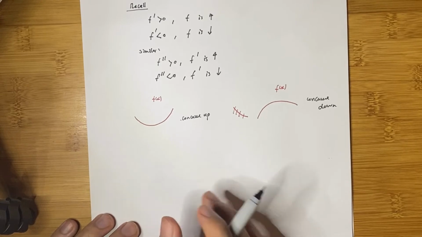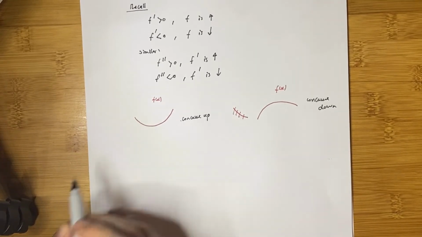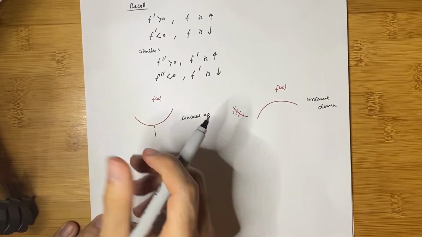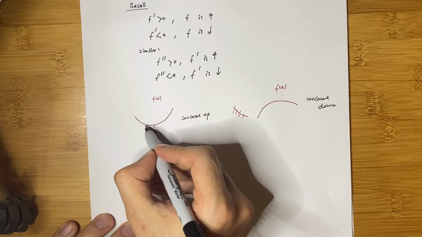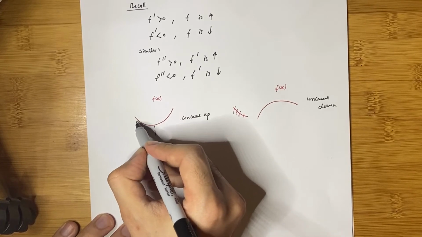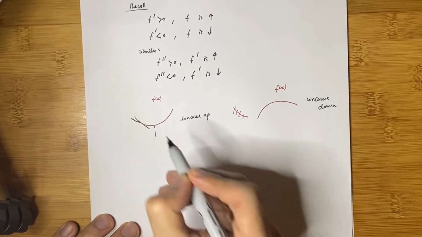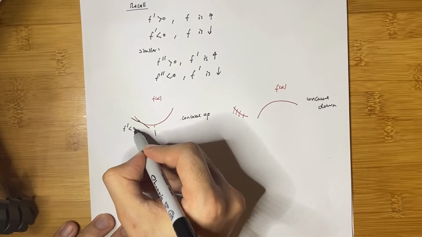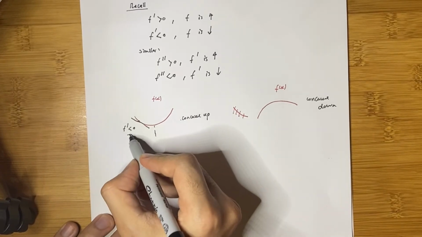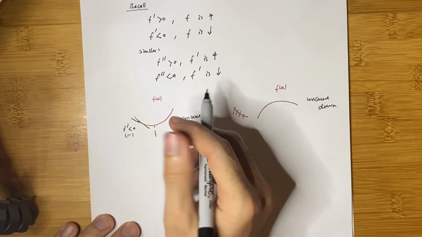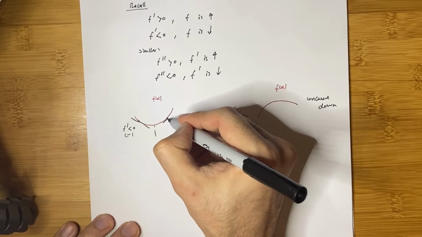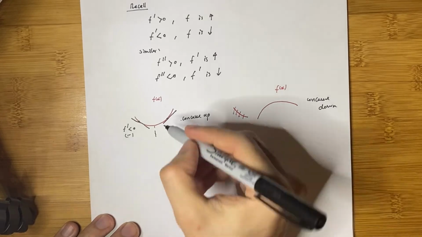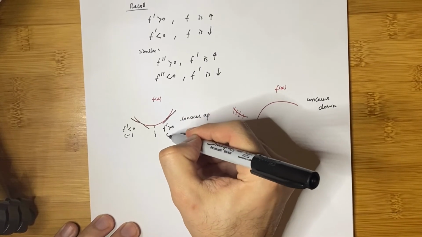So let's do that. If we want to find the derivative on this side, we have a negative slope here. This is a tangent line with negative slope, so that means the first derivative is negative. And here it is the opposite. We take this point and draw a tangent line to it, the slope is positive, meaning the first derivative is positive.